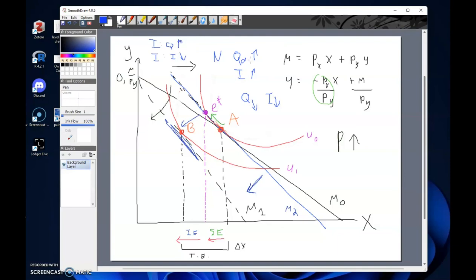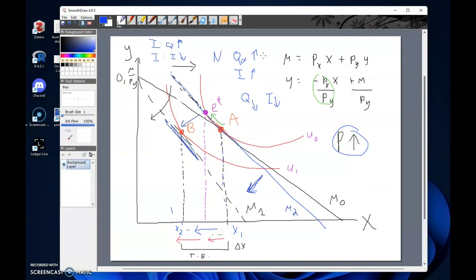Let's think about this big picture. The market price increased, and that lowered the purchasing power of Bob. How we can view this is that starting off at point A, if we draw this line here, we have x1. And to describe the shift from point A to point B, now we have x2. So basically the quantity of good X consumed decreased as a result of the market price increasing, which effectively decreased his income.